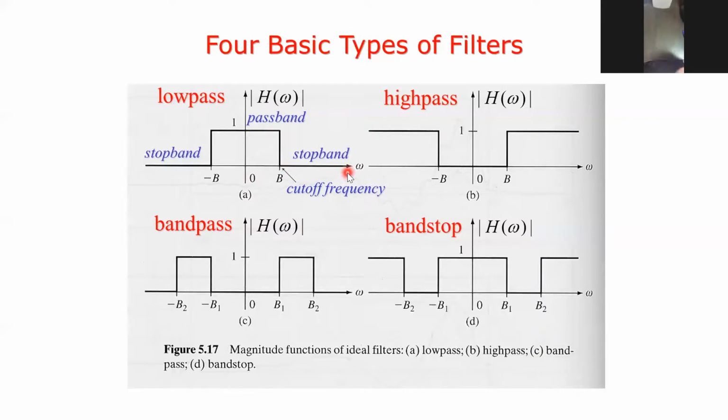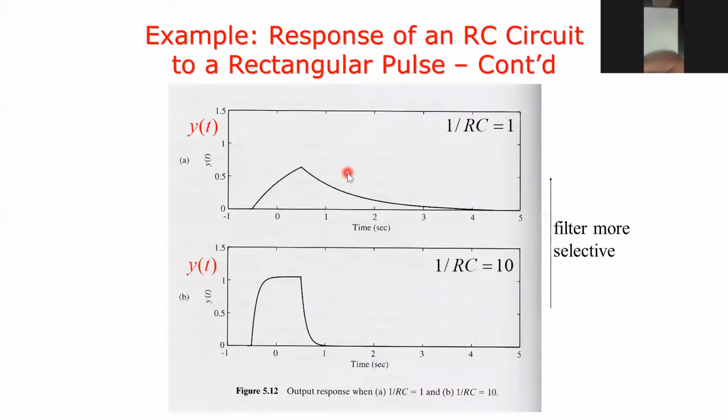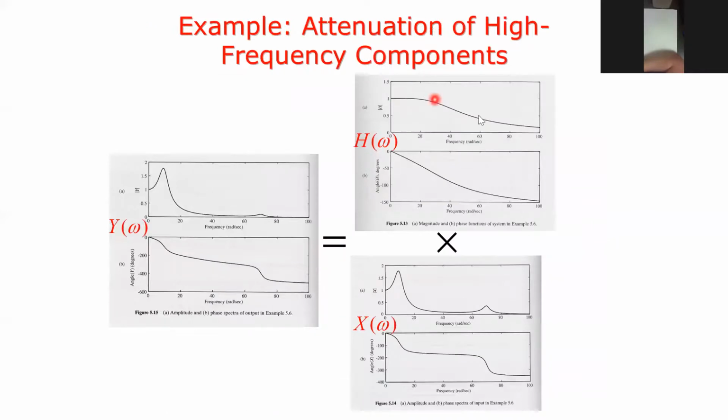But as I mentioned, in real filters, for example the RC filter we first investigated, it's not that clear. We have a frequency response like that, so we don't have this clear cut, my dear students. So how should we make it? Let me now show you how we should determine the bandwidth.